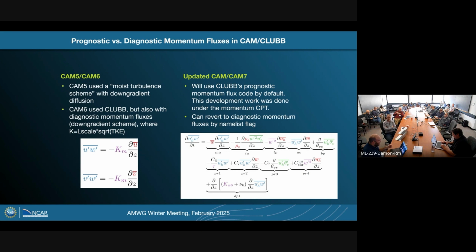It's a much more complicated equation, but more realistic in terms of its physics. In the new version of CAM, you will be able to revert easily to the diagnostic momentum fluxes if you want to. It's just a namelist flag.